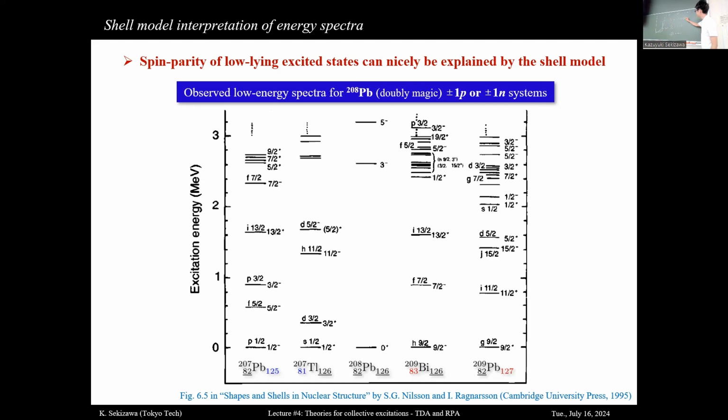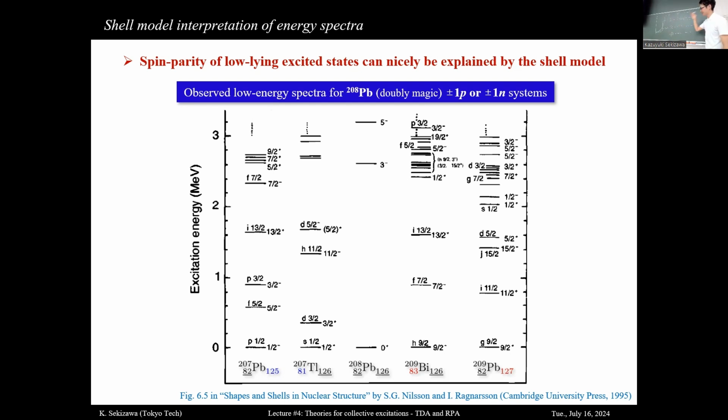So d orbital will gain energy, and p also gains energy. So already with the Woods-Saxon potential, there is this splitting of energy depending on the angular momentum.